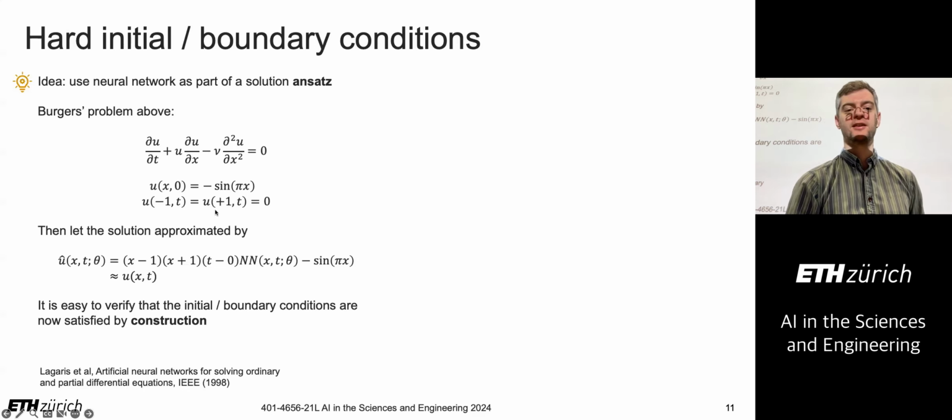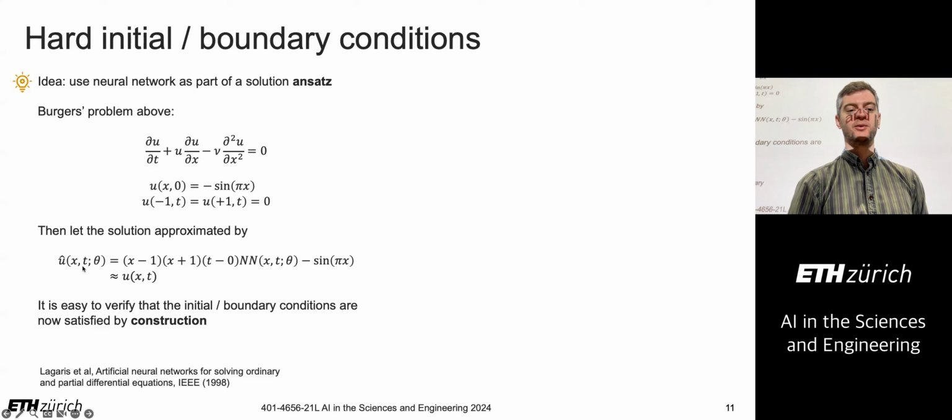So now, just by choosing this ansatz, you can see very easily that it already satisfies these initial and boundary conditions. So you can see that if, for example, I plug in, we want this first condition, u at time equals 0 should be this sine function. So here, when t equals 0, what happens to this whole term here? It's 0, right? Yeah, it's obvious.